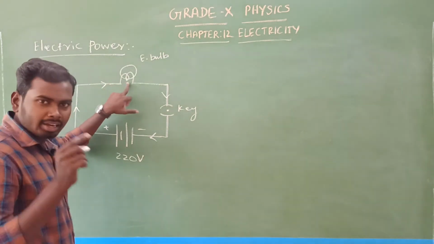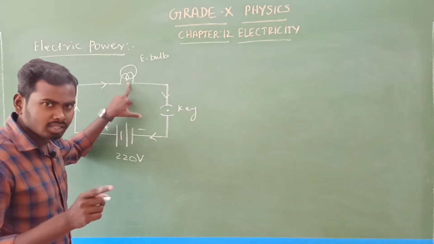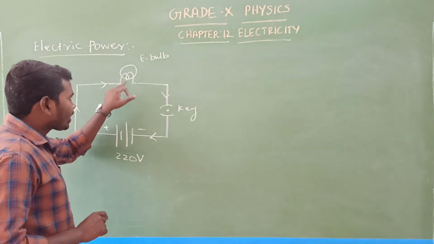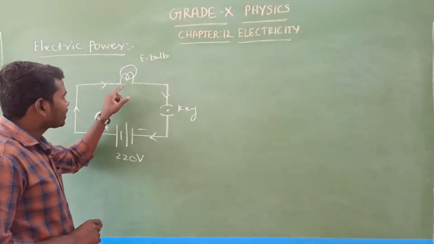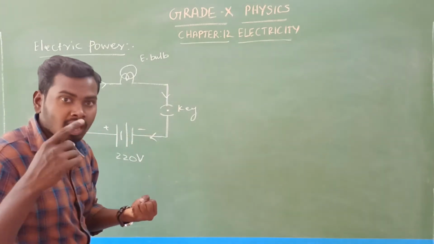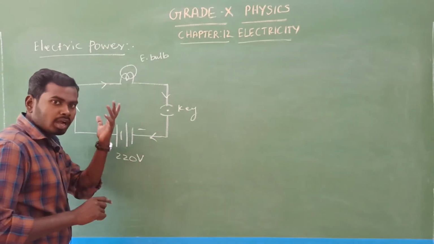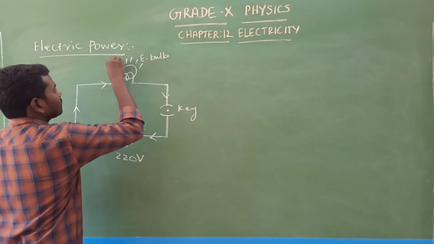Here the electric bulb is one of the electrical appliances, or electrical components. Note this very important point: this electric bulb consumes the electrical energy, which means current, and converts this electrical energy into light energy.